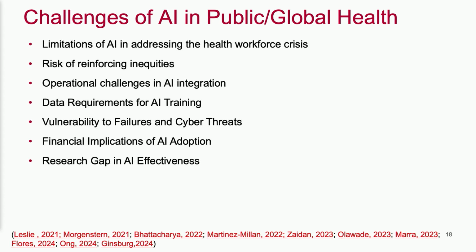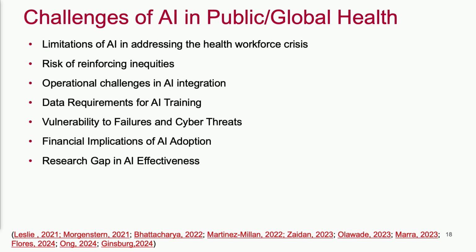There are risks of, as in the former presentation, more and more vulnerabilities to failures and cyber threats, because we are depending more and more on AI, and it will be the case in public health too. The data requirements are huge, and AI requires validated data in high amounts and with good quality.